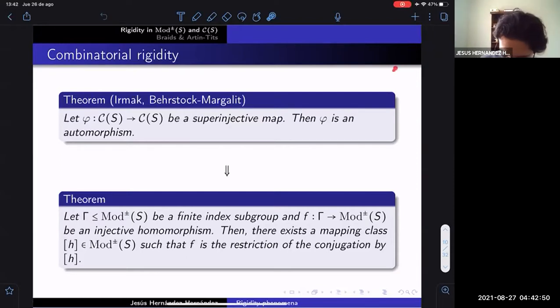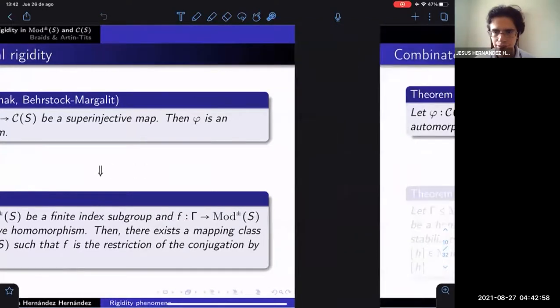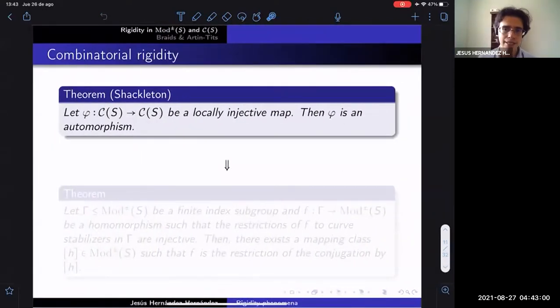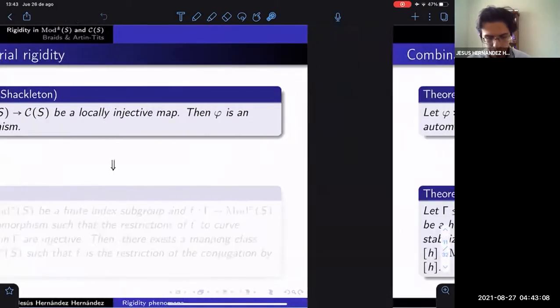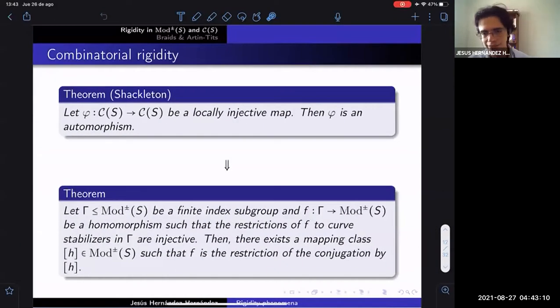So again, a combinatorial rigidity result gives us an algebraic rigidity result. Then, for example, Shackleton proved that if I have a locally injective map, then this map is actually going to be an automorphism. So you also get an algebraic rigidity result.